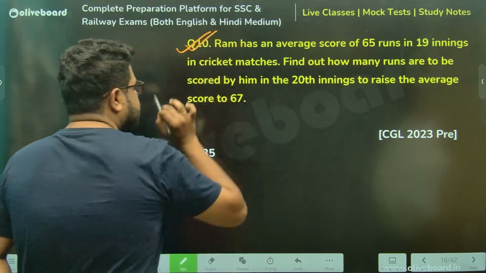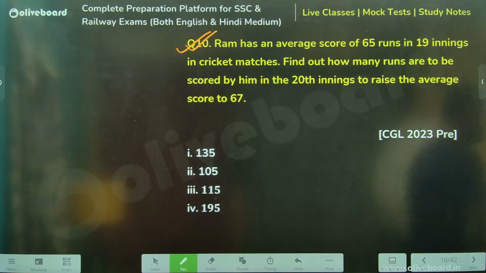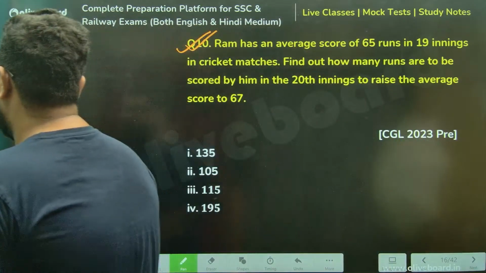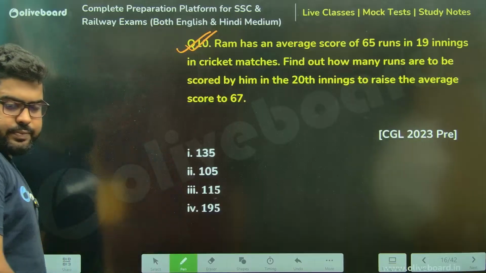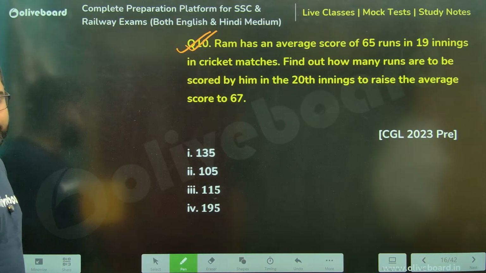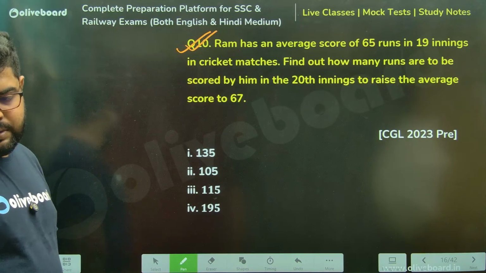Next one, please. A little different type. CGL 2023. Let's do it. Quickly.